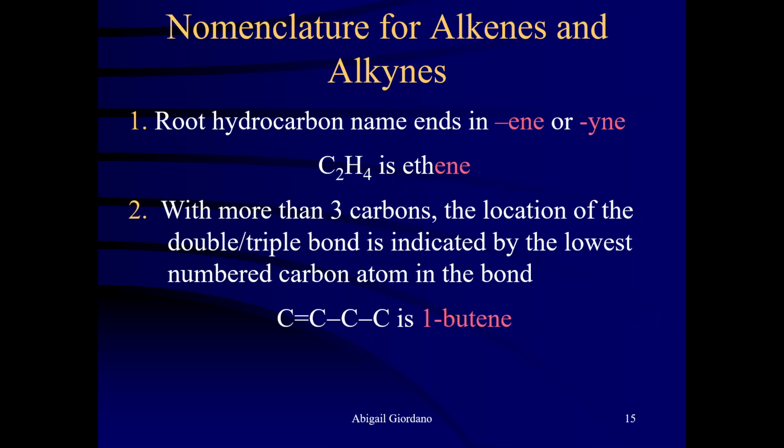So for example, this one in front of us, I see 4 carbons. The prefix is but. It's a double bond, so it's butene, and we have to identify where the double bond is, so it's 1-butene. Okay, this is just another example.